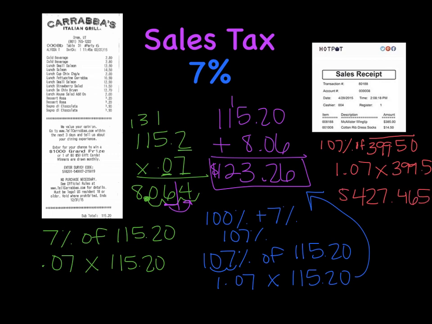But remember, our money system only goes out to the hundredths. So I would look at that 5 and it tells my 6 to become a 7. So they are going to round up to $427.47. And that is how you find sales tax.